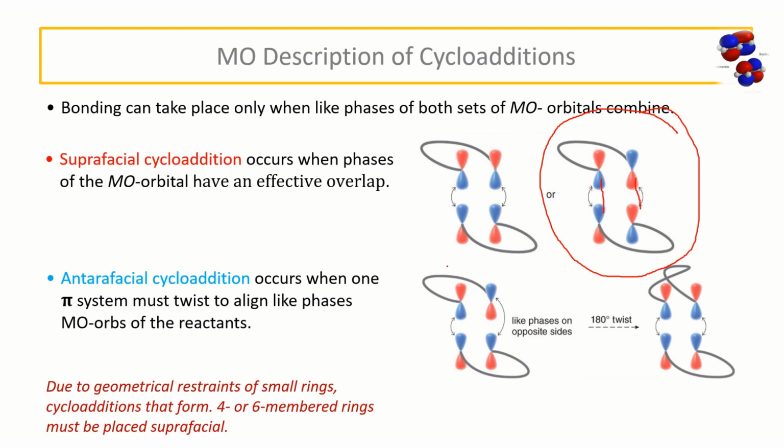However, if they're not allowed, then of course we have so-called antarafacial cycloaddition, and we have to have enough flexibility in that molecule for a twisting to occur, so that there is compatibility, because right now there's no compatibility, but if I twist, there's compatibility.